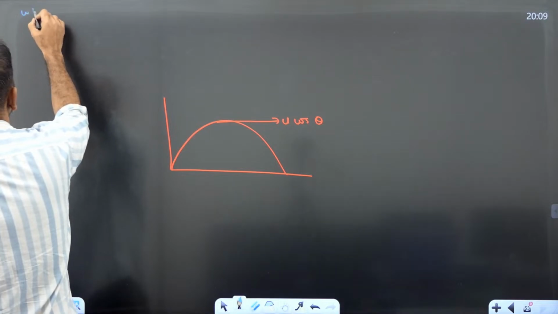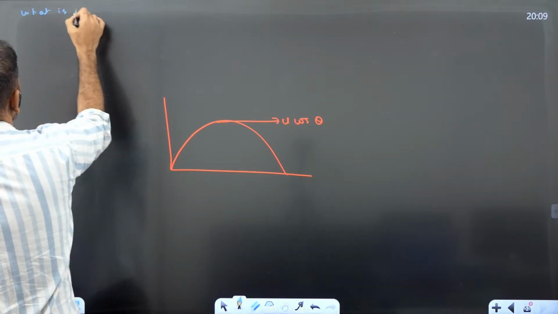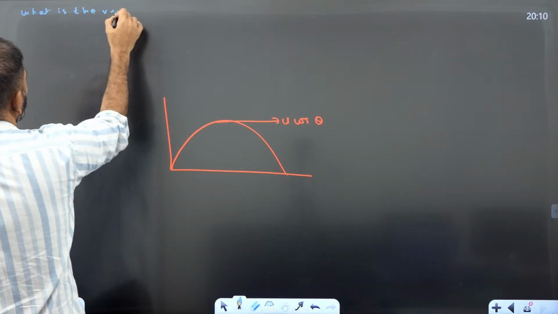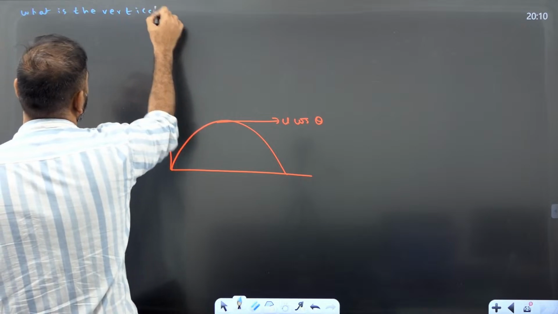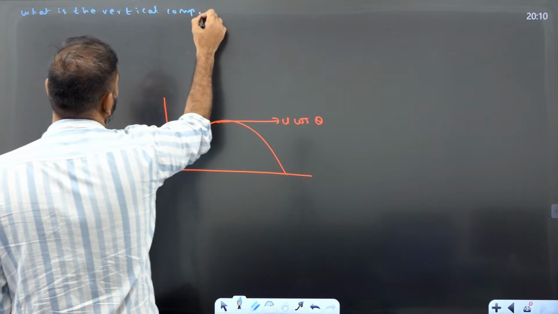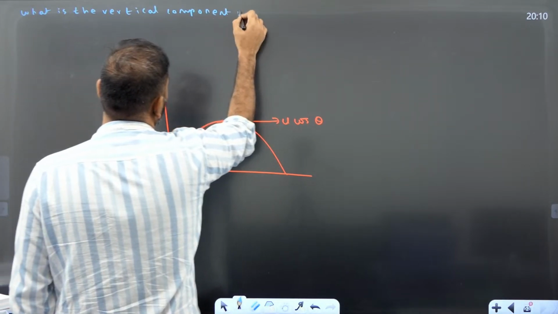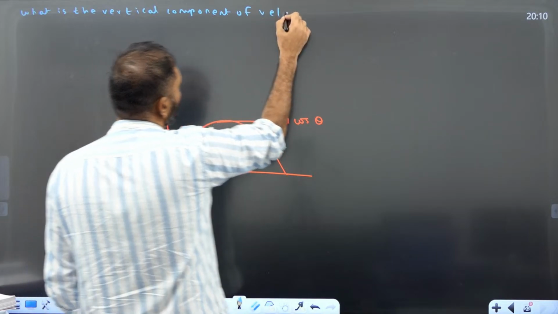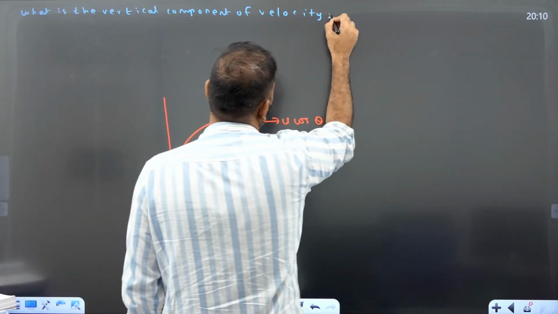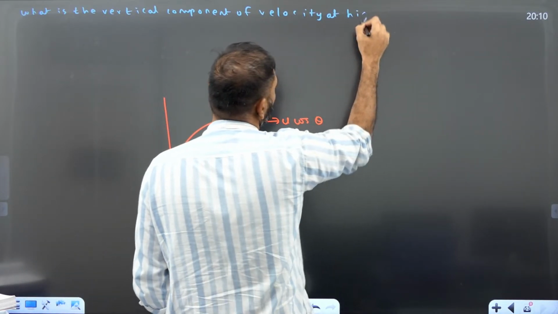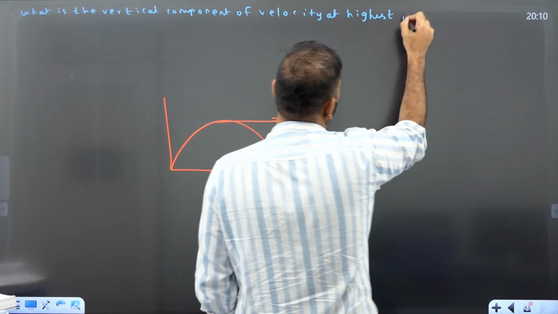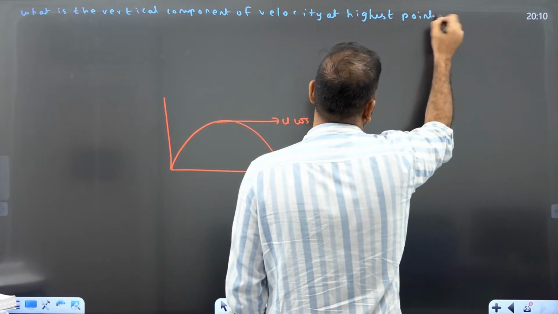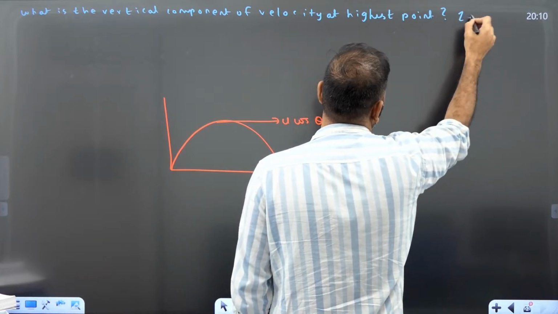What is the vertical component of velocity at the highest point? Answer is 0.